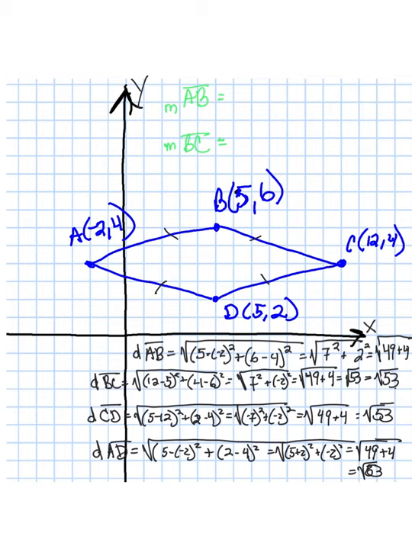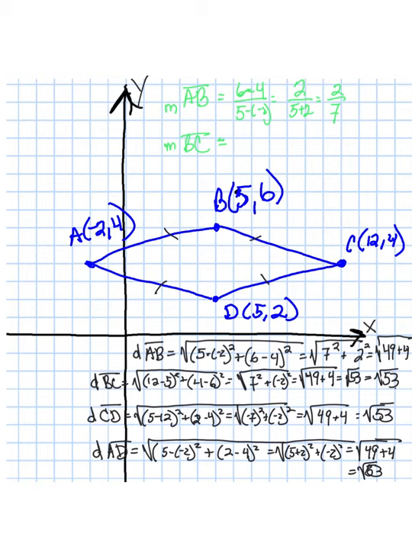So the slope of AB, we're going to take the difference between our y's, so 6 minus 4, over the difference between our x's, so 5 minus negative 2, and we end up getting 2 over 5 plus 2, which is 2 over 7.